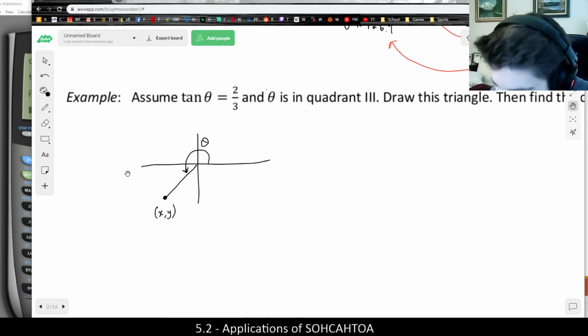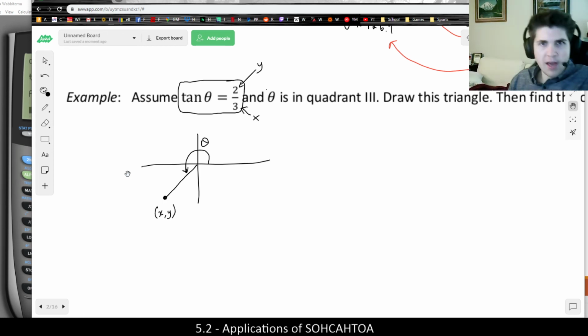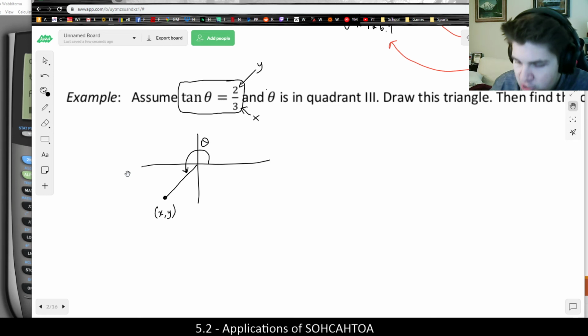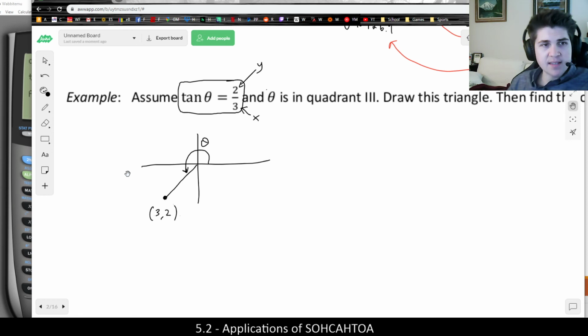Since tangent of theta is always the ratio of y to x, I could use that to figure out x and y. Technically, I don't know, but I could just assume x is 3 and y is 2, since tangent always gives me that ratio. But notice that if I just plug those in for x and y, that doesn't actually make sense, because in quadrant 3 they're not going to both be positive, they're going to both be negative.